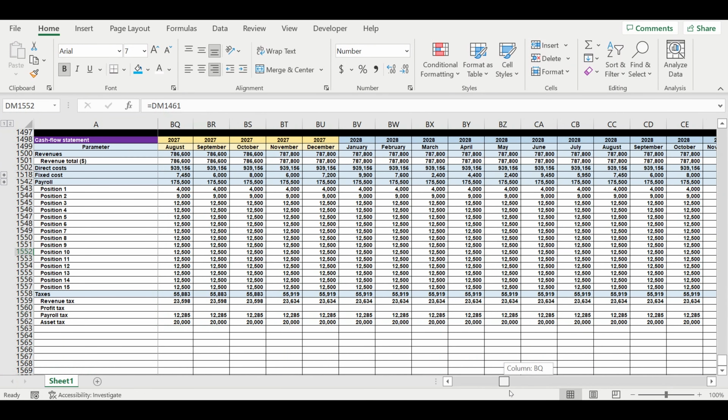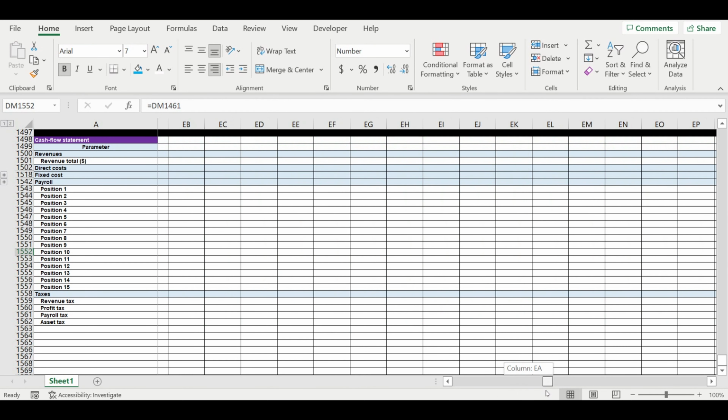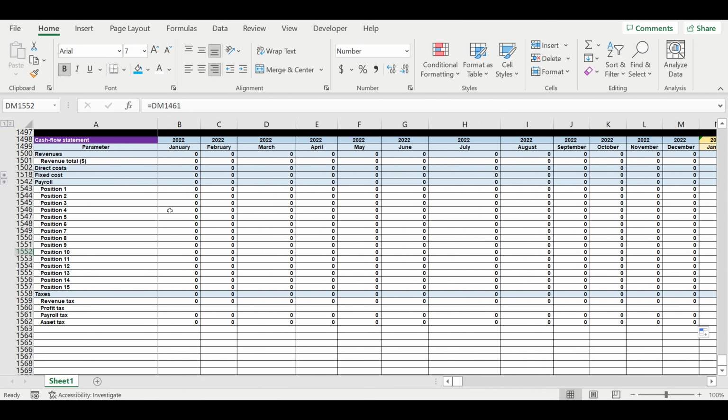We'll extrapolate this formula. So what's next? Now we're creating the result from operating activity. This is the first major line that we need.